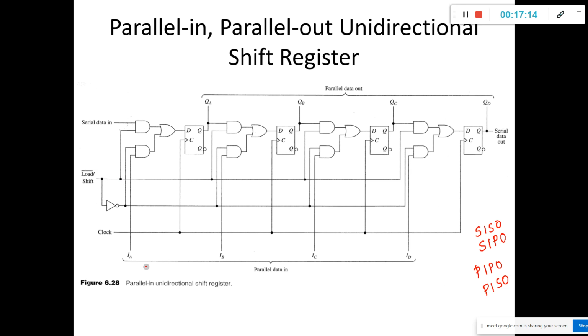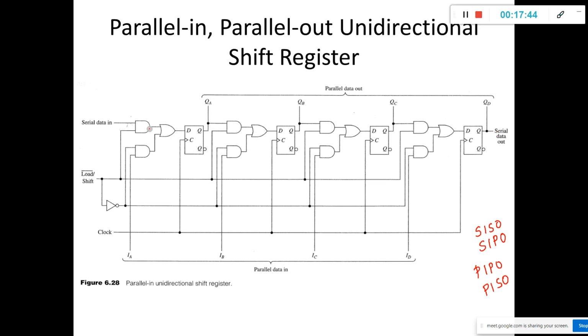The parallel data IA, IB, IC, ID are transferred into the register upon the occurrence of the positive edge of the clock. Now when logic 1 is applied to this, at that time it becomes a cascade connection. You can take either parallel out or serial out.